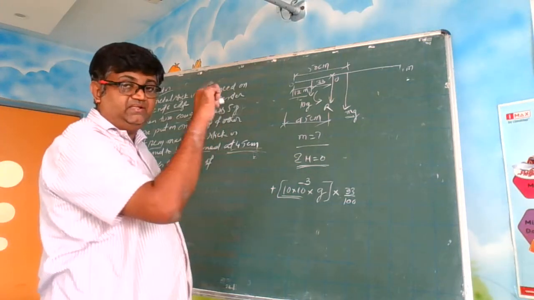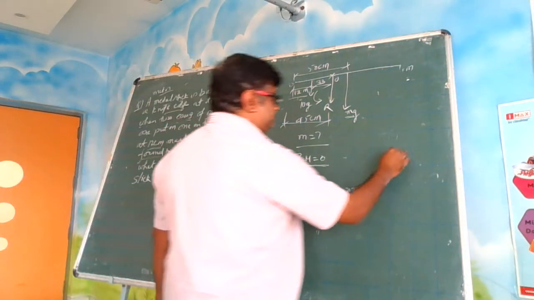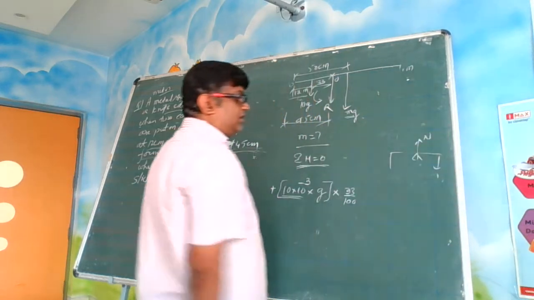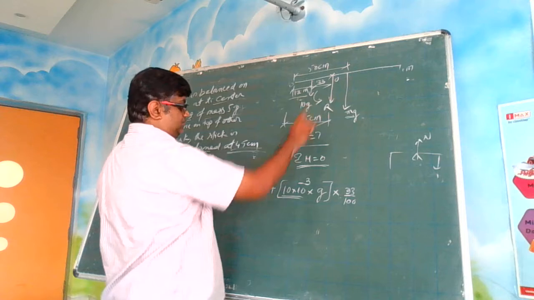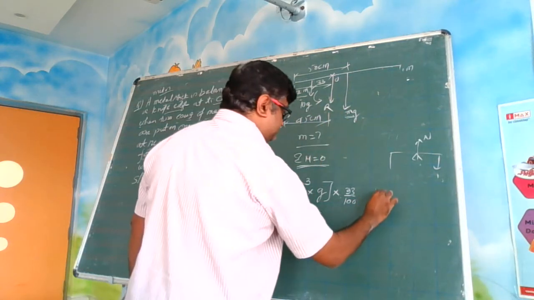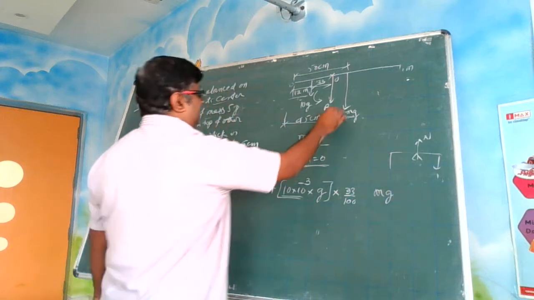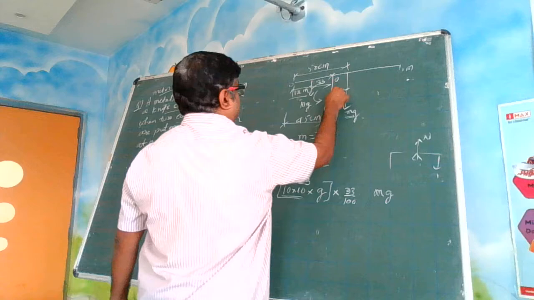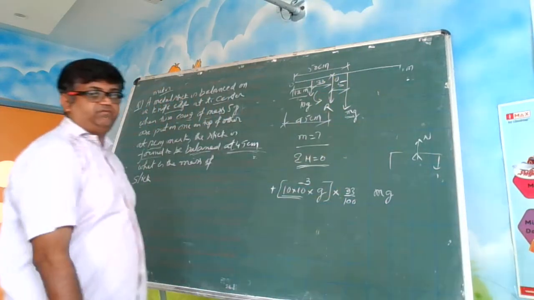I told you that this fulcrum N will have no contribution, similar situation here. So you have another force here, which is mg. Look, the total is 50, from here to here is 45, so this will be 5, 50 minus 45.